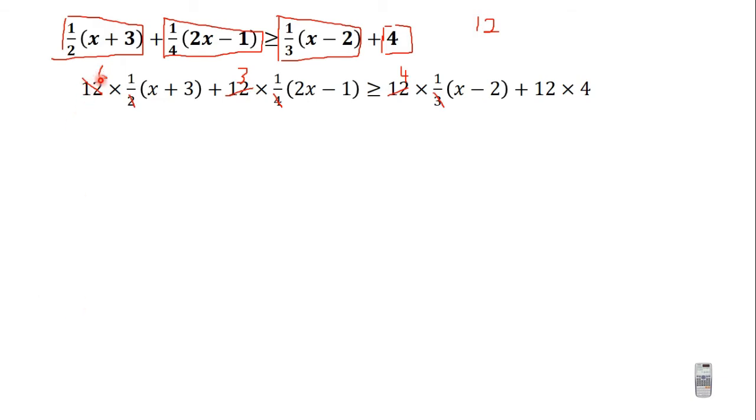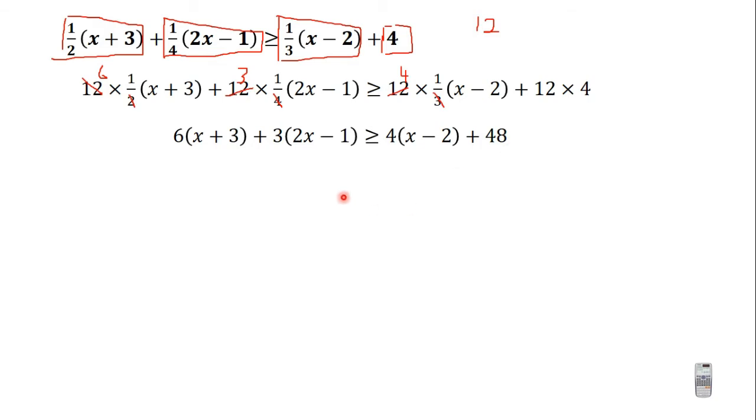We are going to have 6 times 1, then into bracket x plus 3. So 6 times 1 is 6, x plus 3 in bracket. 3 times 1 is 3, then you bring the bracket 2x minus 1. Then you close the brackets, greater than 4 times 1 is 4, so into bracket x minus 2. 12 times 4 is 48.